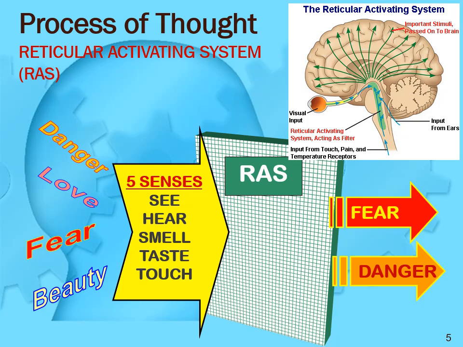So for example, if you're sitting in your living room and you're reading a book and you're totally into the book or kind of zoned out or maybe even napping, and the fireplace throws a spark out and catches the rug on fire, and you smell smoke, your reticular activating system says, danger, danger, wake up, pay attention to what's going on here. It overrides your need to read the book or to sleep or whatever. Does that make sense?